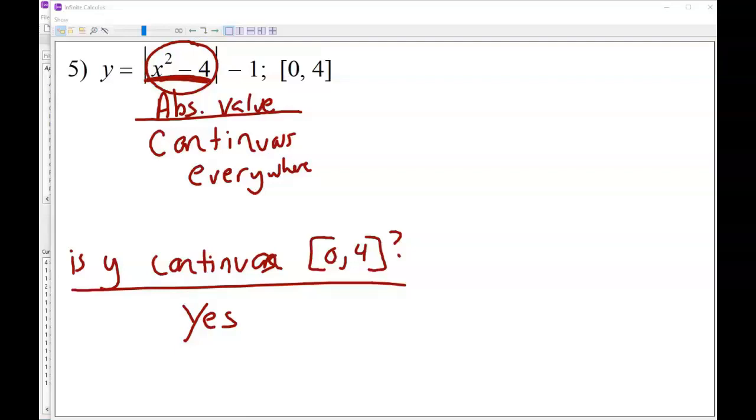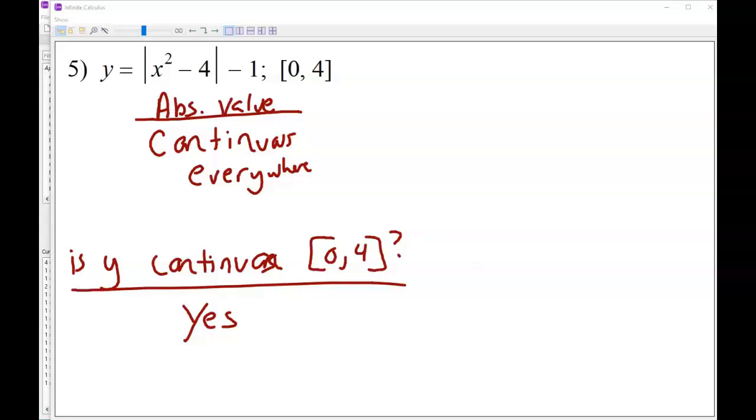Same thing goes for any of these functions. A lot of these functions we're looking at are actually complex functions where you have multiple types of functions put together. But so long as every piece in there is continuous, then you're good to go. I would primarily classify this problem as an absolute value function. That's the outermost function. So it's going to be continuous because absolute value functions do not have any discontinuities.